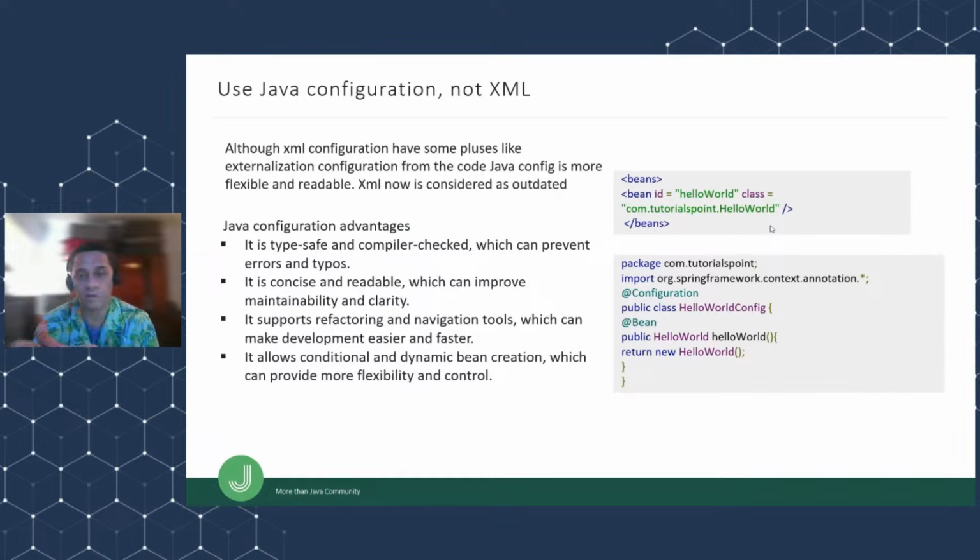It's way easier to read the code in Java instead of large XML files. So it improves maintainability and clarity. It supports refactoring because XML files are very complicated to maintain. It makes your development easier because we don't have to merge all those XML files across your team. Those are the benefits of using Java configuration instead of XML files.